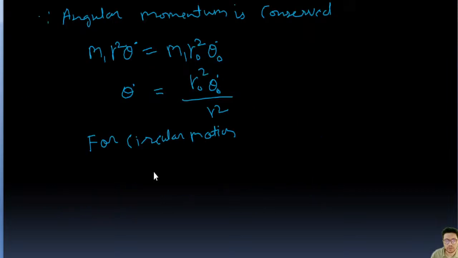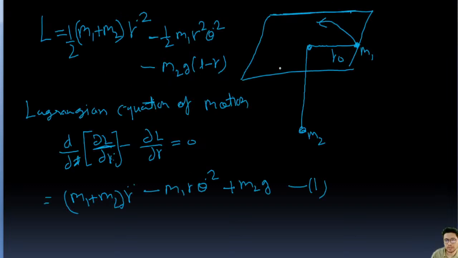We know the circular motion centripetal force in terms of theta dot is m1 r naught theta naught dot square, because this is moving in a circular path of radius r naught.